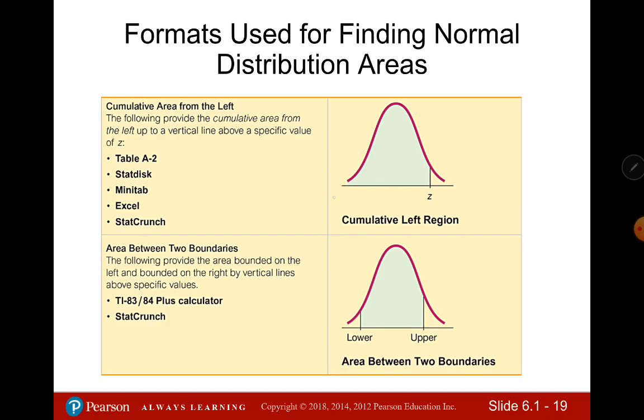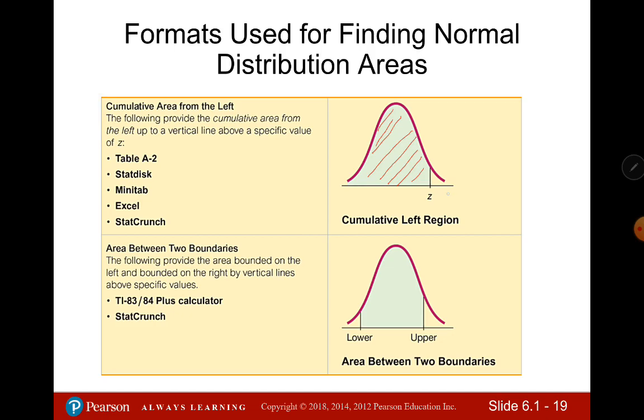We label different Z-scores on the horizontal line, and the area is the body of your table. The Z-score is just the horizontal line, so in your table, it's just the margins.